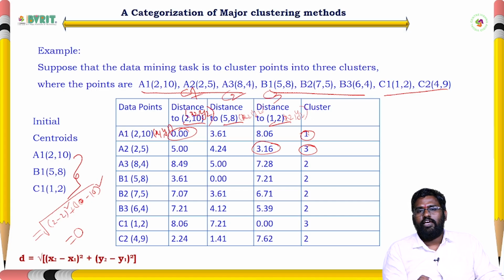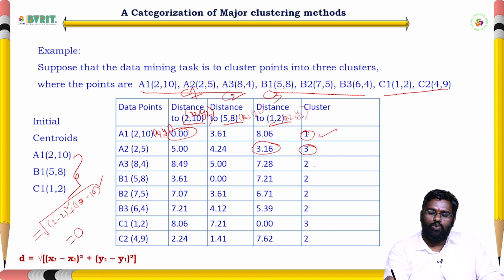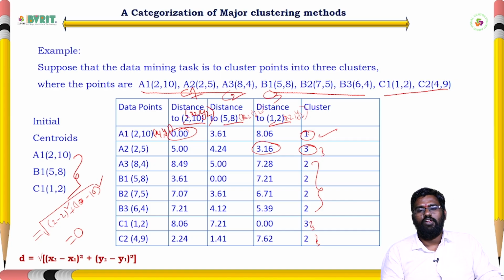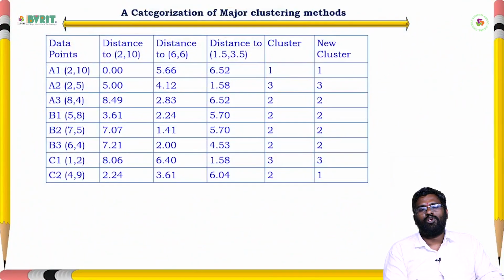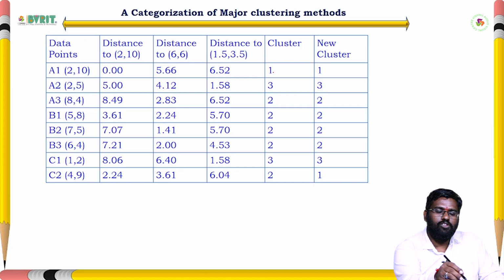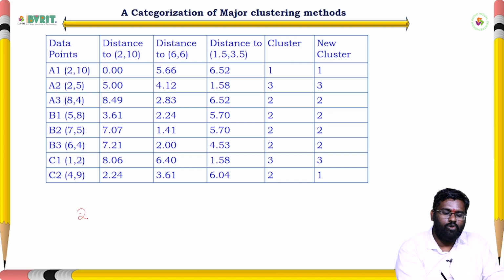The next step is to identify how many points are in cluster 1, how many in cluster 2, and how many in cluster 3. Now we need to calculate the new centroid point for each. Cluster 1 has only one point, so the first value is 2, 10.